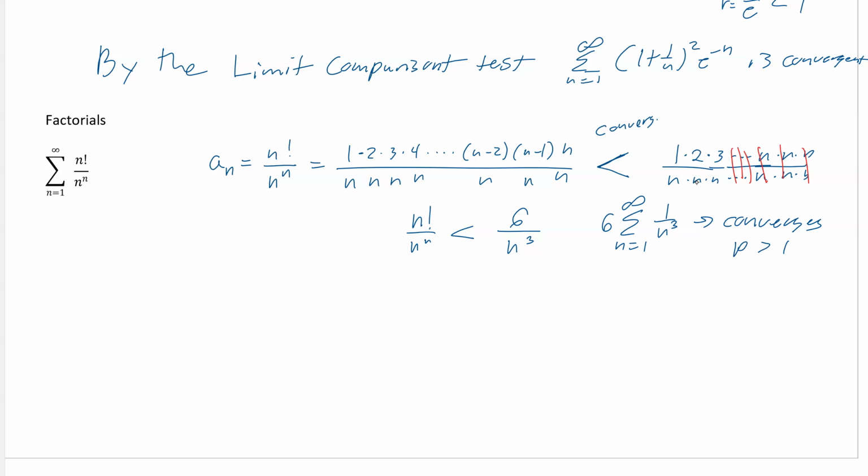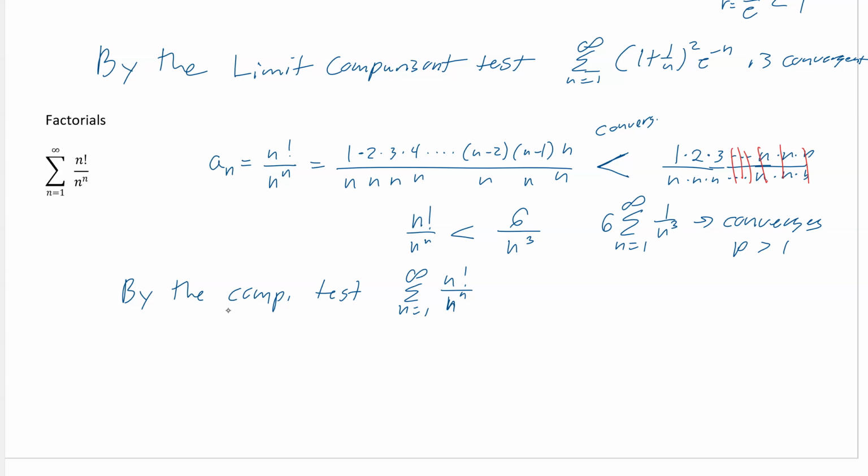So if that converges, guess what? That one converges because we used a less than. So remember, this one is bigger, right? And so if the bigger one is going off to converging, so does the smaller one. So by the comparison test, the sum from n equals 1 to infinity of n factorial over n to the n converges.